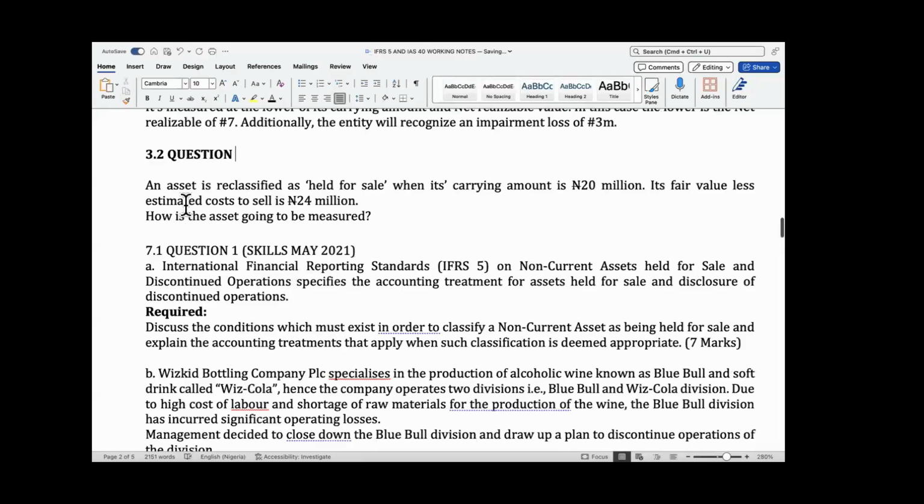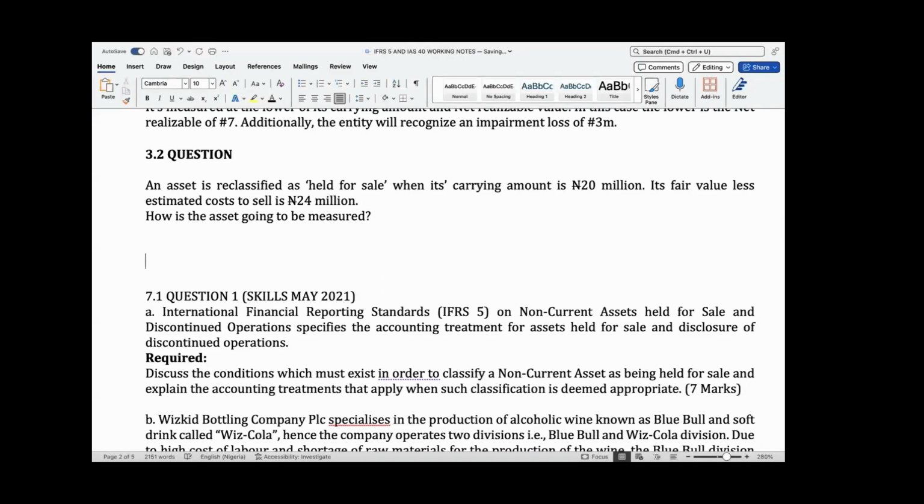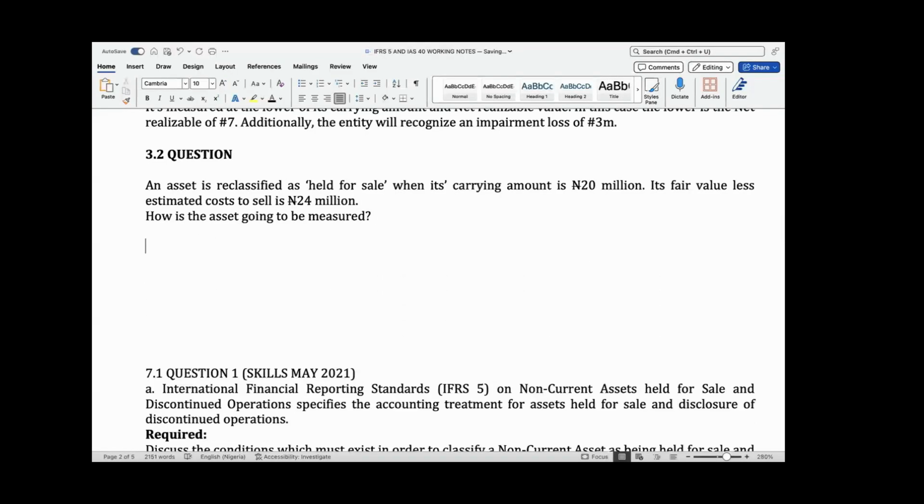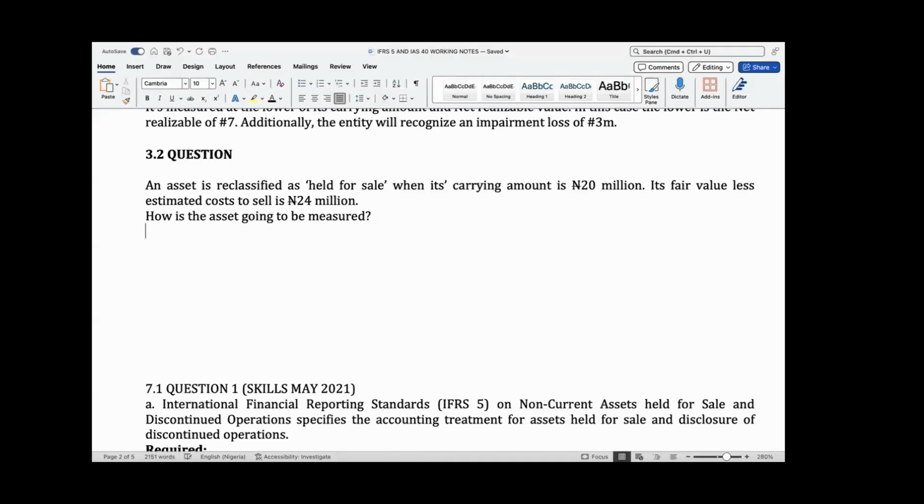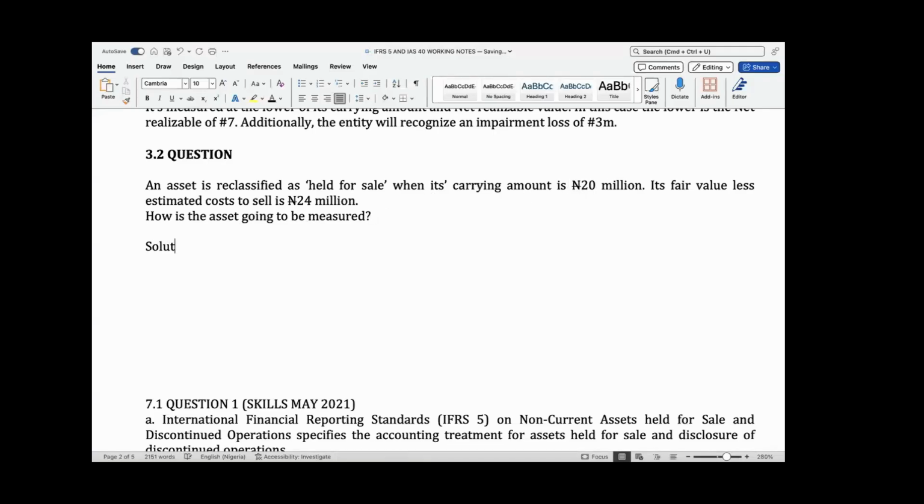Okay, next question, please. An asset is reclassified as held for sale when its carrying amount is 20 million. Its fair value less estimated cost to sell is 24 million. How is the asset going to be measured? This one is even more straightforward.